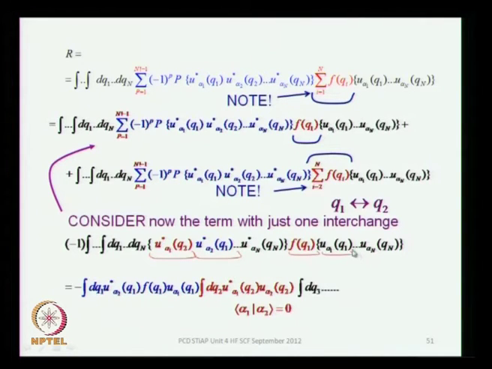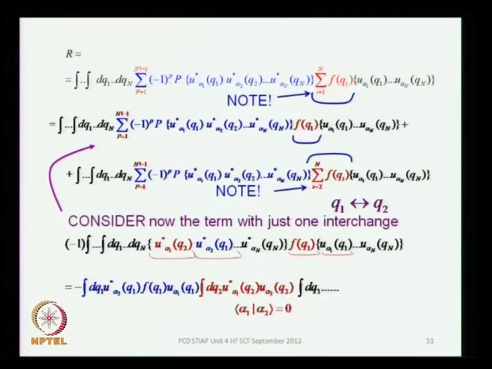So now look at this integral which is in this red color. This integral is nothing but the orthogonality between alpha 1 and alpha 2, and that vanishes.